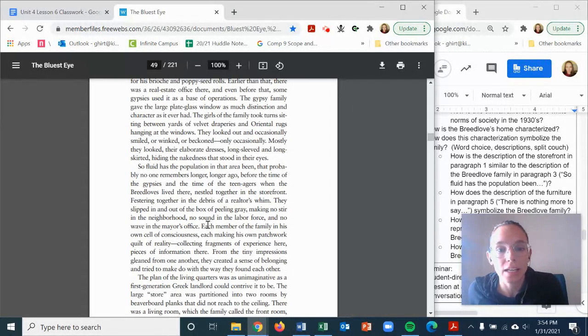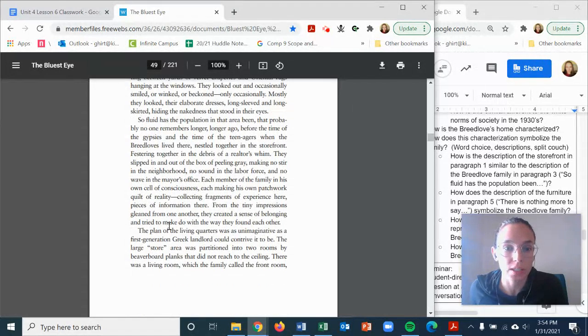They slipped in and out of the box of peeling gray, making no stir in the neighborhood, no sound in the labor force, and no wave in the mayor's office. Each member of the family in his own cell of consciousness, each making his own patchwork quilt of reality, collecting fragments of experience here, pieces of information there. From the tiny impressions gleaned from one another, they created a sense of belonging and tried to make do with the way they found each other.